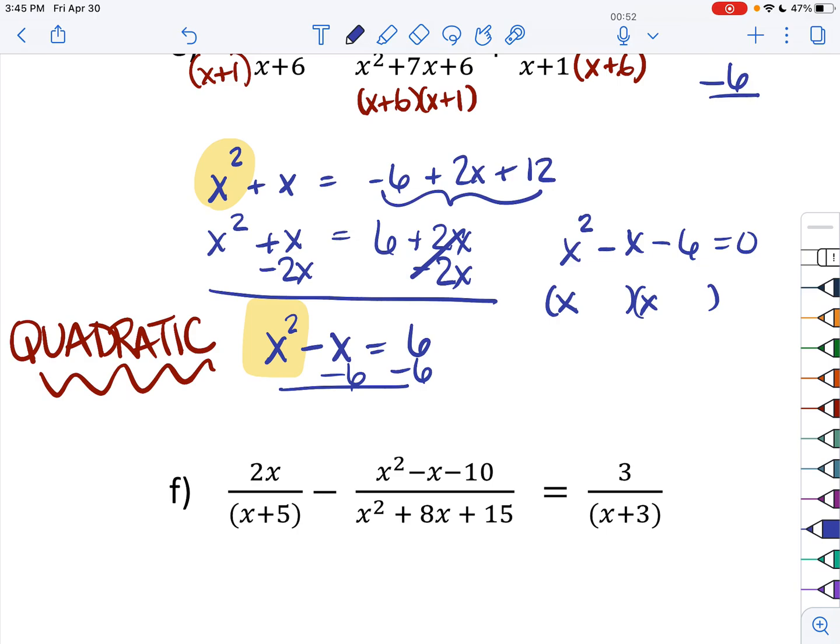So I have a negative 6. Then I need to see what two factors I could use that would multiply to get negative 6 and add to get negative 1. So the thing I think of immediately is 3 and 2 because they're 1 apart, right? And if that 6 is negative, then I need one of these to be negative.